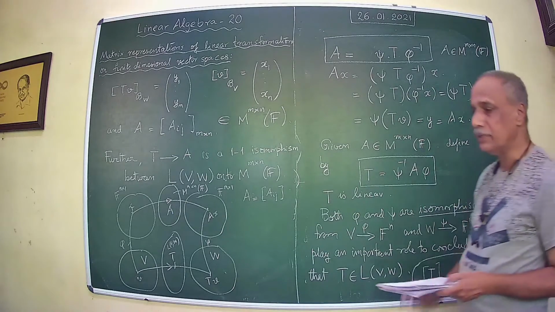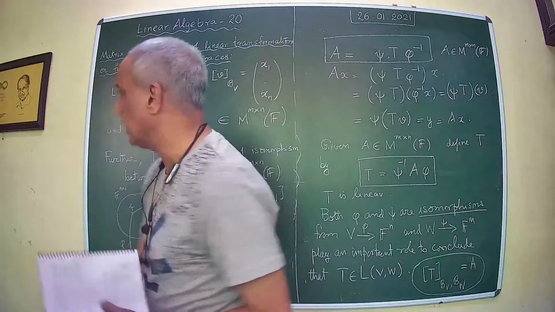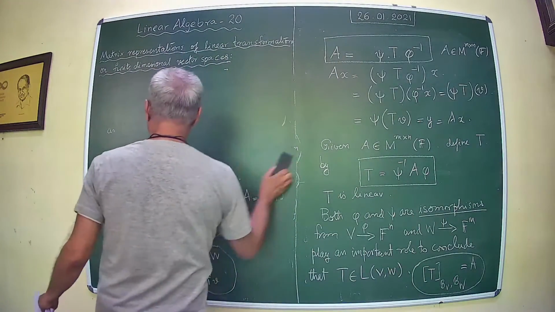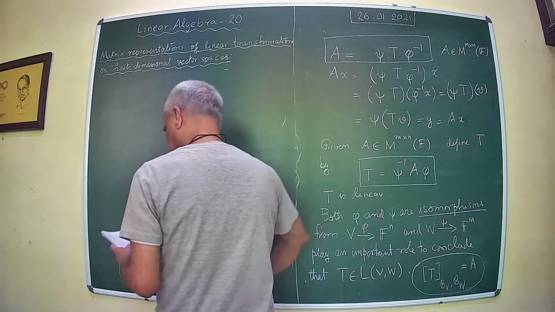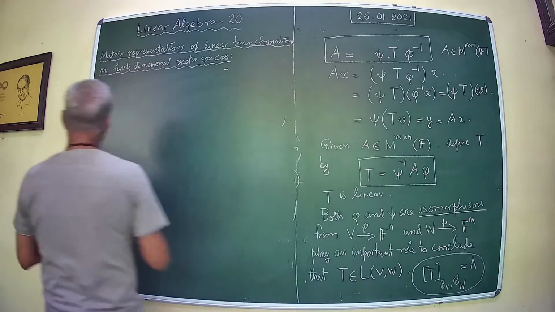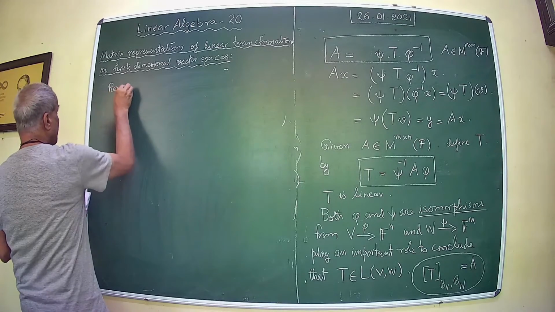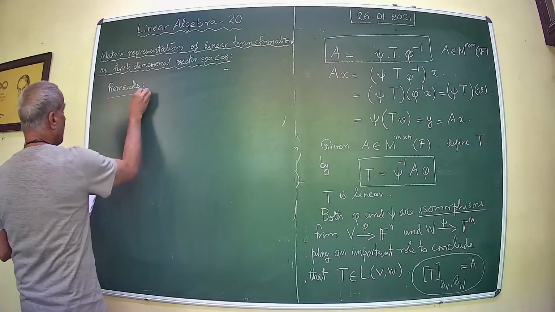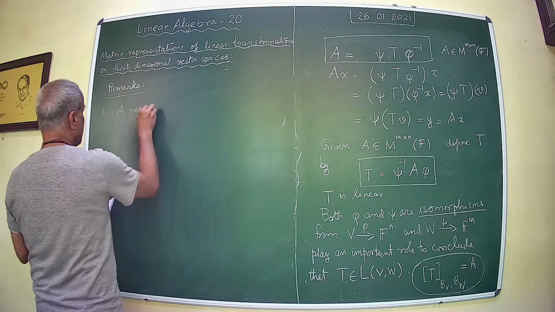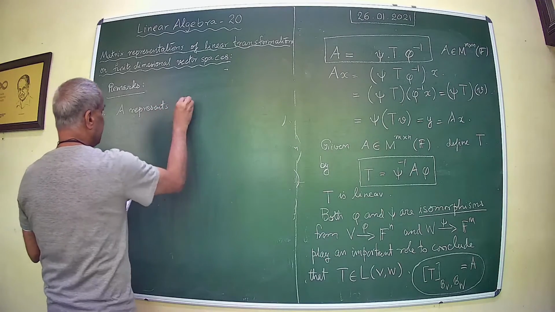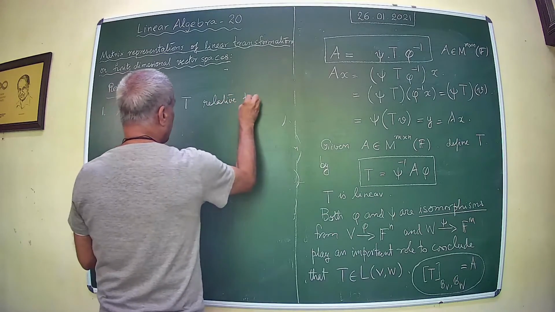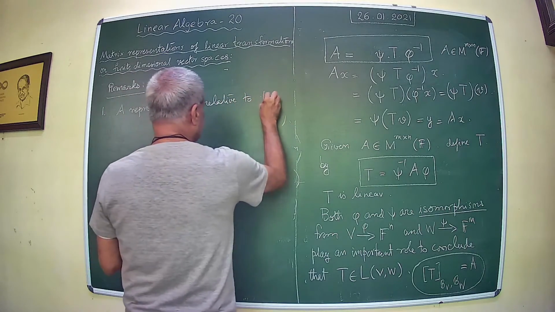Now, one of the important remarks that I want to make at this stage is this. A represents T relative to the ordered basis.